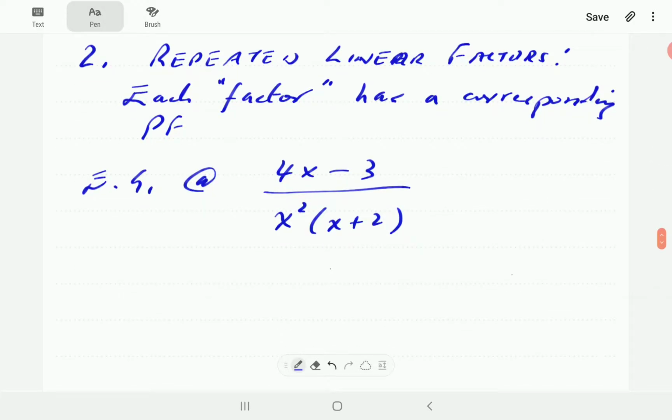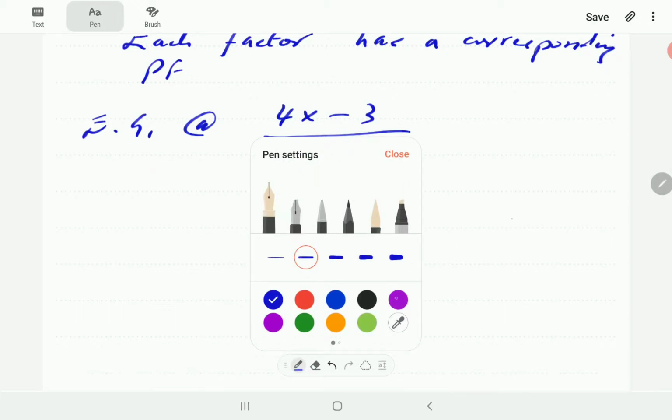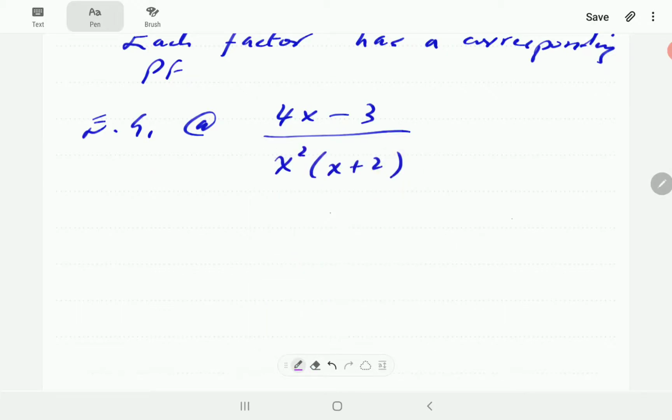If you like, it appears twice. Let's just use examples from integers here. If we take the example of 8, 8 is 2 cubed. So it's a repeated factor.